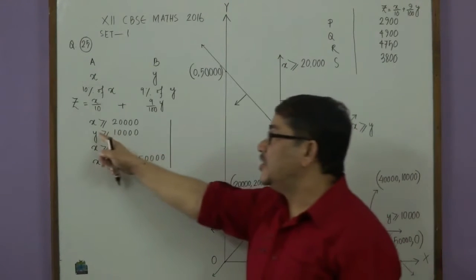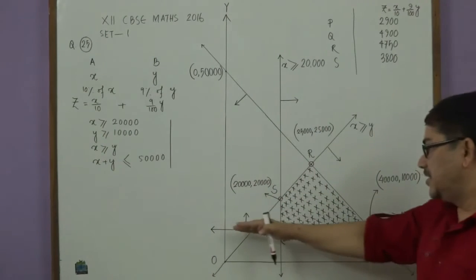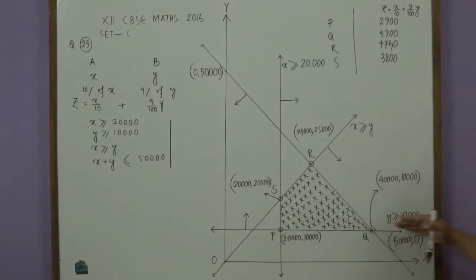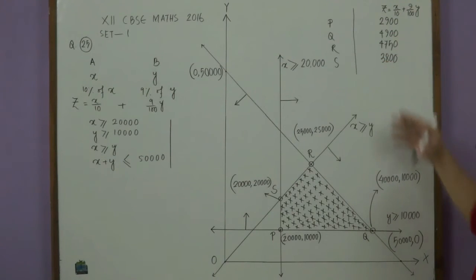Similarly, Y is greater than or equal to 10,000. This is Y equal to 10,000, so the upside. This line as well as the infinite portion above this line represents Y is greater than or equal to 10,000.